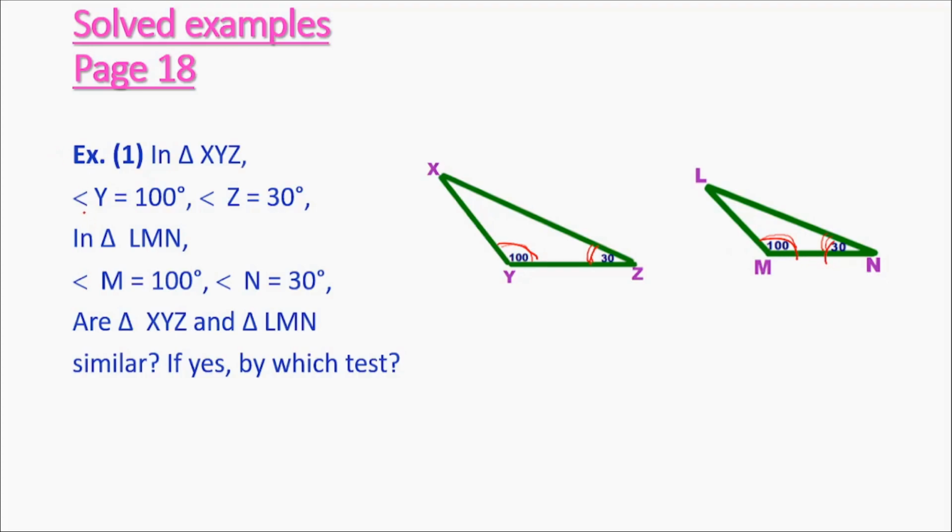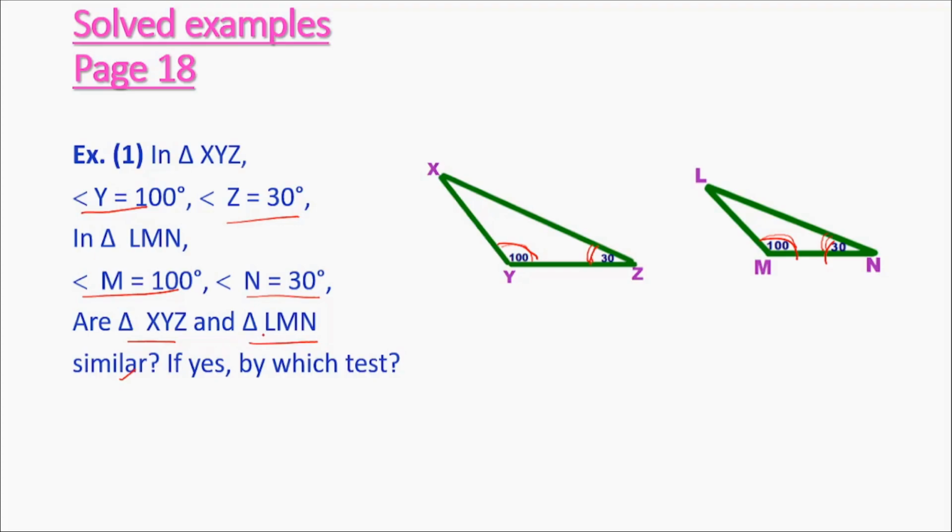Angle Y is 100 and angle M is 100, right? And angle Z is 30 and angle N is 30. Now the question is, are triangle XYZ and triangle LMN similar? If yes, by which test?